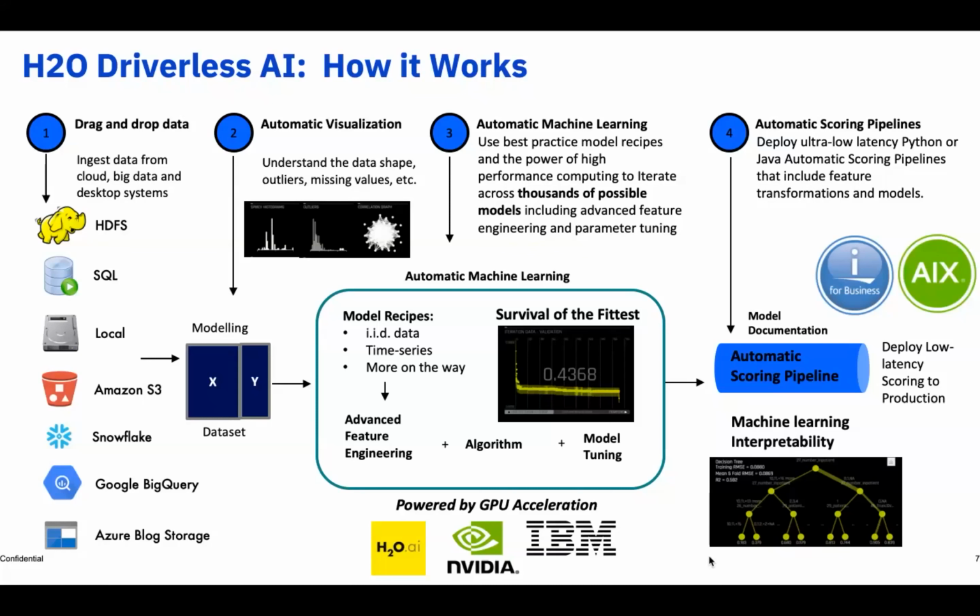And in this particular step, the other challenge is to be able to put it in production. So from Driverless AI, we can generate a scoring pipeline. It could use Java, Python, or R technology and languages. And this is what I'm going to show you in the demo, how to export the model and run it directly on IBM i or AIX or any device. It could be a mobile device.